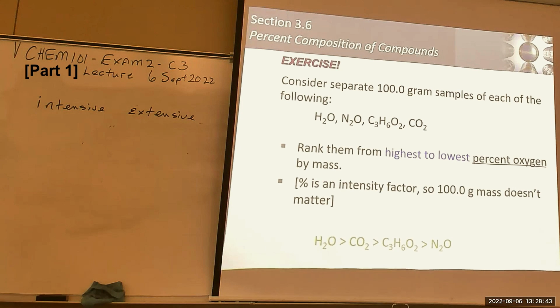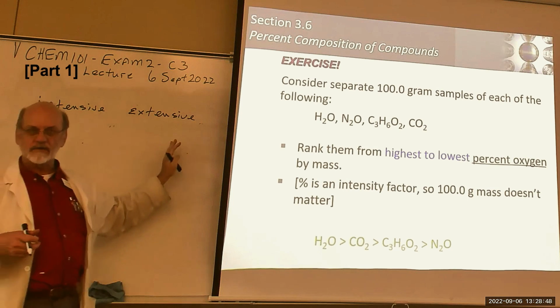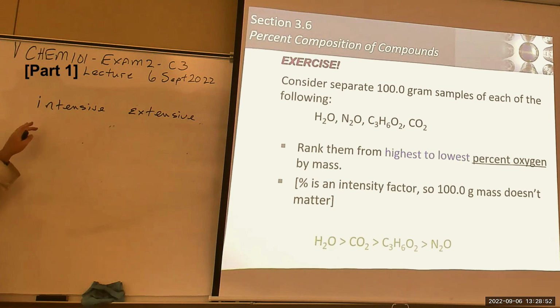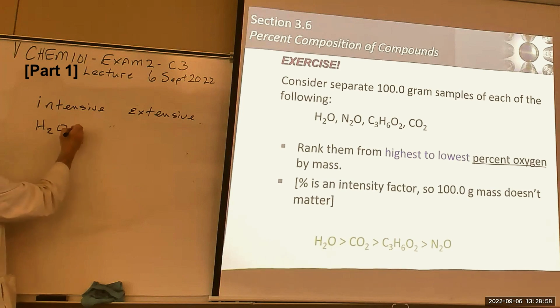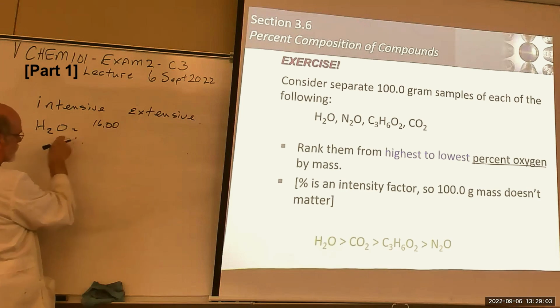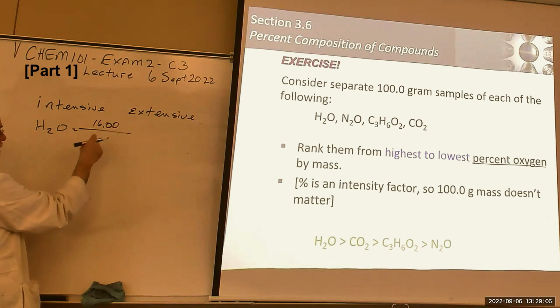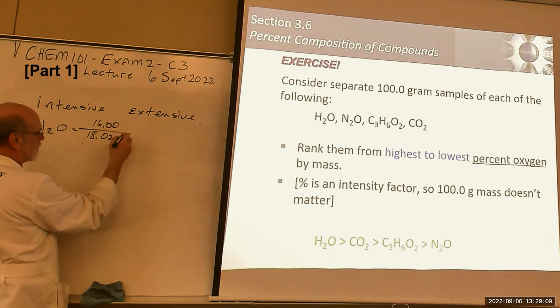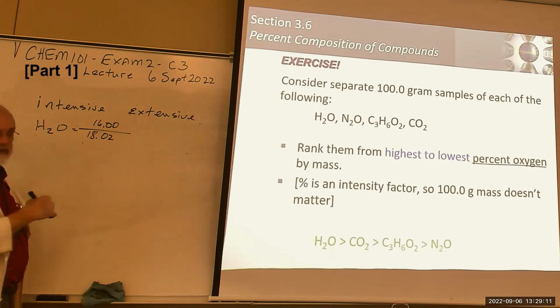Oh, it doesn't show the calculation. Okay, so if you go back to that Henry Ford calculation and you say, what percent oxygen is in each one? You would say for H2O, oxygen would be 16 grams, because there's only one of them in a mole, and 18.02 grams in a mole times 100.